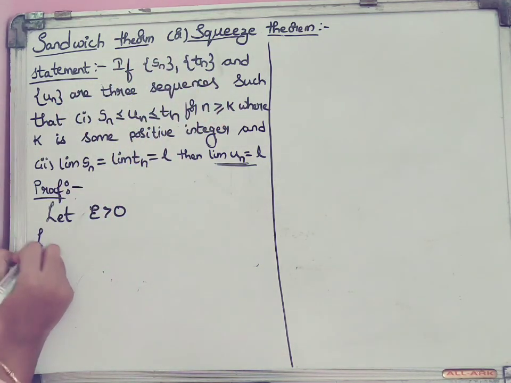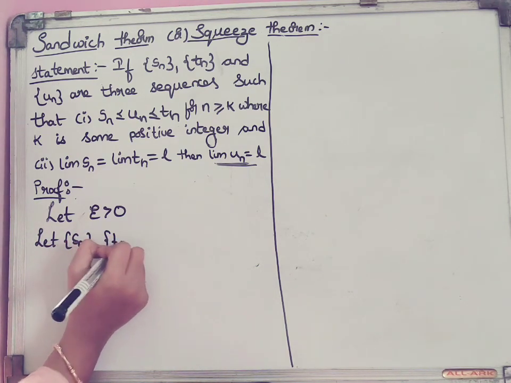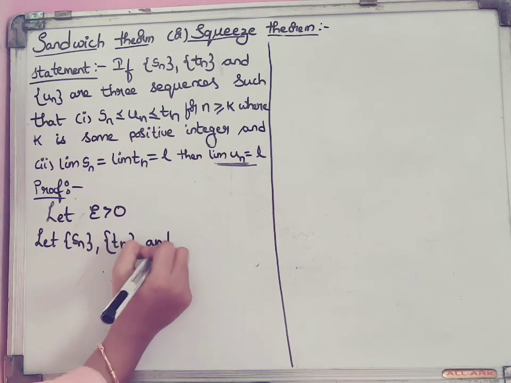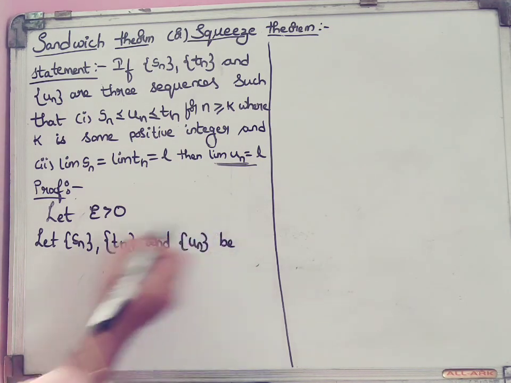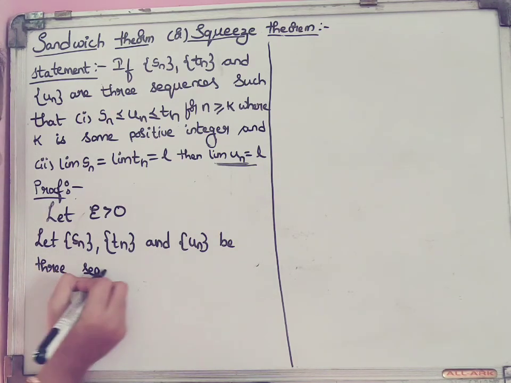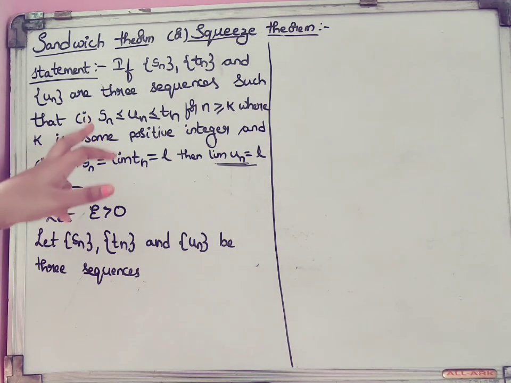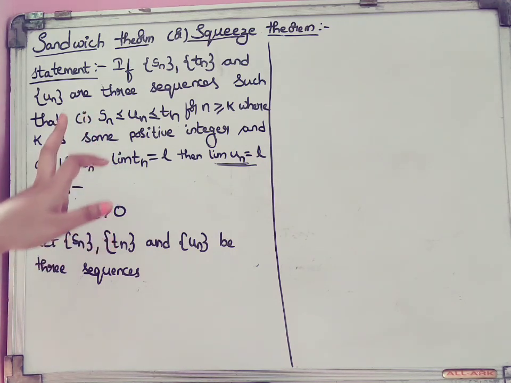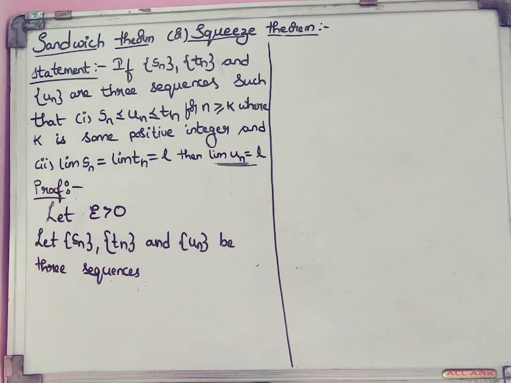Let sequence Sn, sequence Tn and sequence Un be three sequences. Next, what we need to suppose here? There are two conditions, right? So we need to suppose these two conditions.